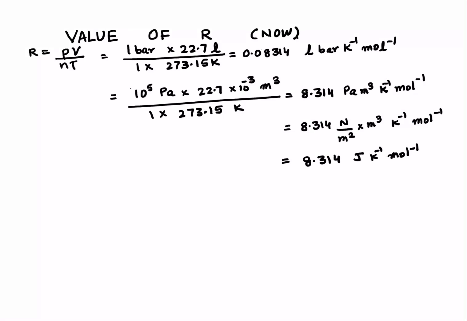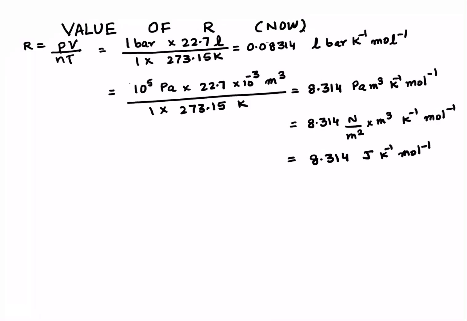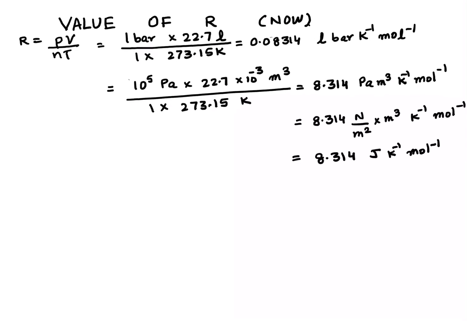Now I'm coming to the value of R which is accepted now according to the present system. So as we said, R is equals to PV upon nT. As I said, we can use the value of pressure in bar or in pascals or in atmospheres. You can take anything.